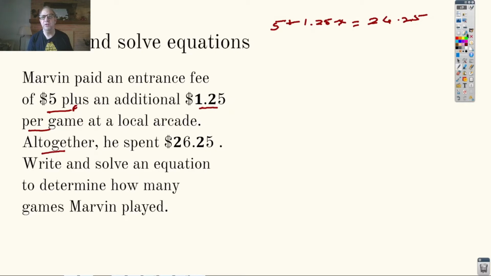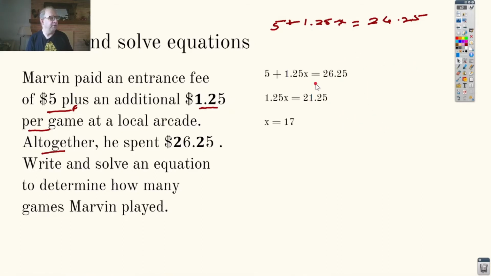So let's see how this looks when we write it and solve it as an equation. $5 plus $1.25 per game is $26.25. We subtract $5 on both sides. $26.25 minus 5 is $21.25.